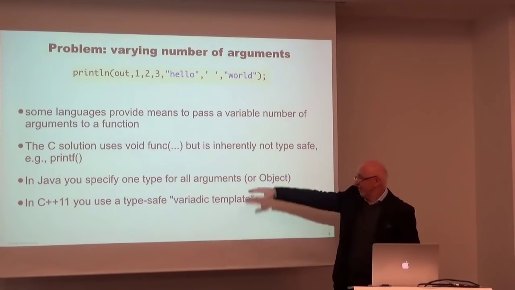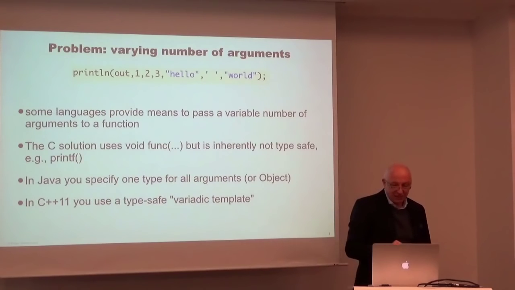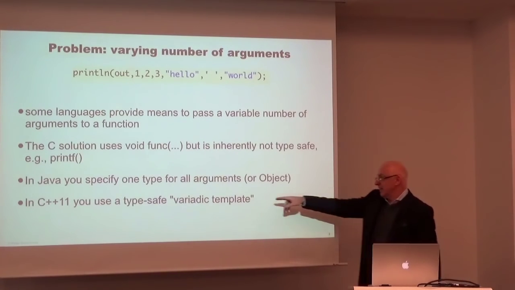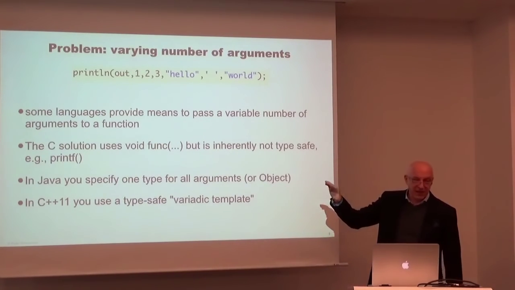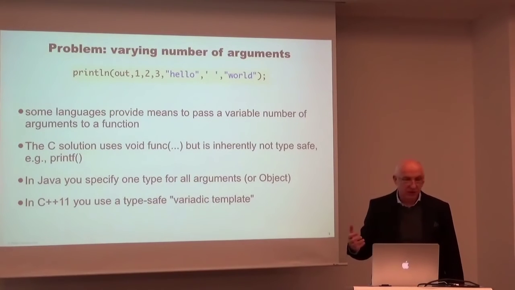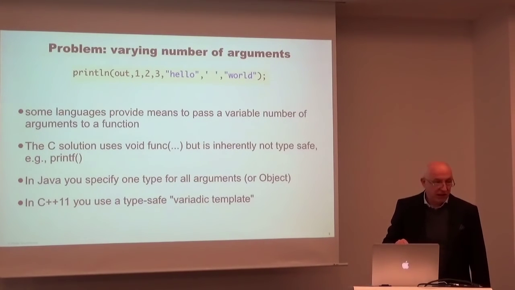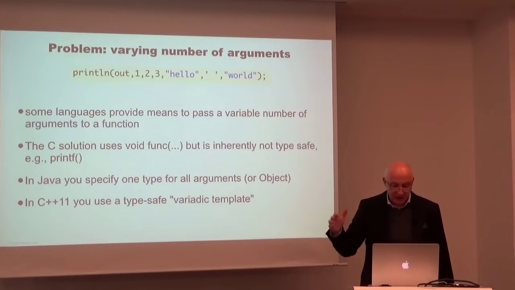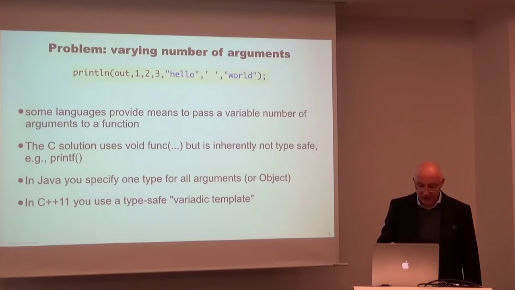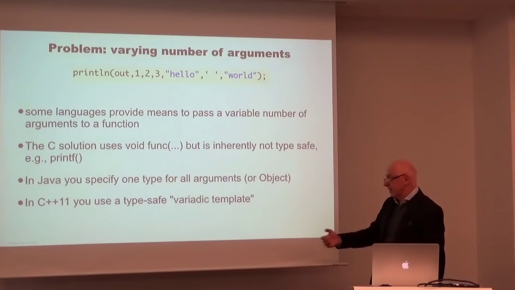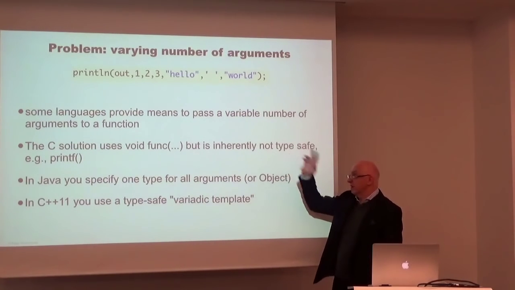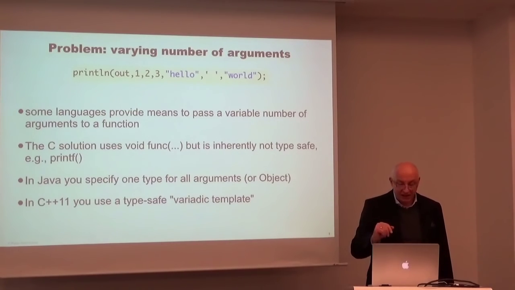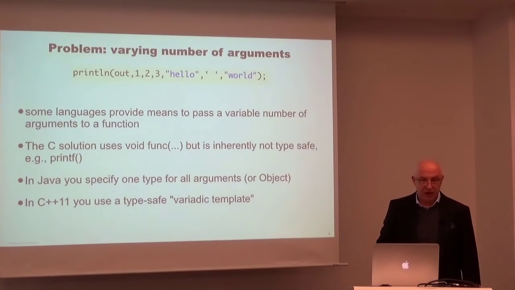In Java, they stole the syntax from C and C++. But in Java, everything is an object, so the implementation is much simpler, and you got the reflection built in, so you can actually downcast safely from object to whatever you expect there. Fortunately, in C++11, we got a big relief on implementing things like this print line, really in a type-safe way.